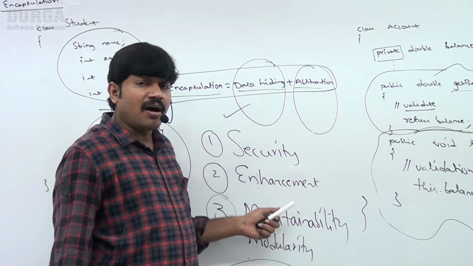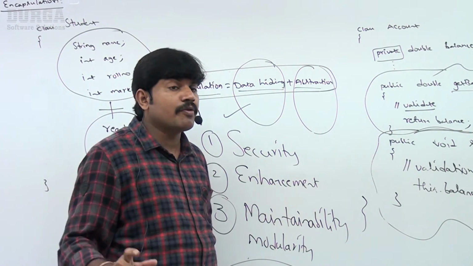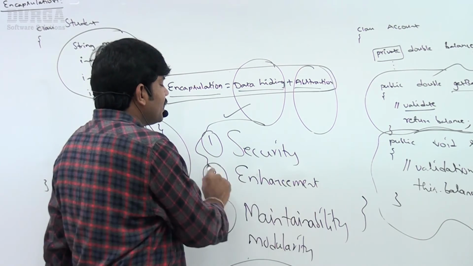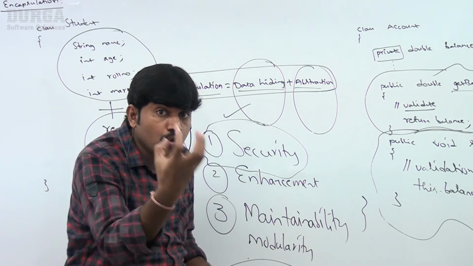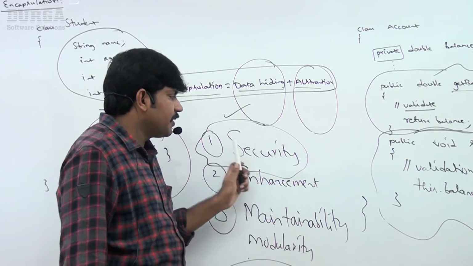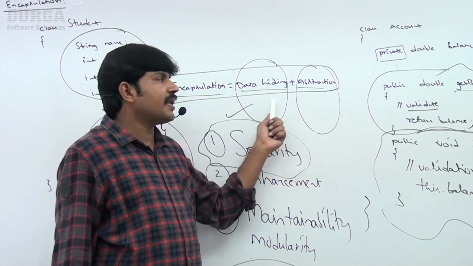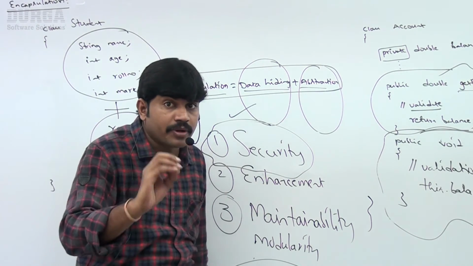But among all these things, the main important advantage whenever we are using data hiding or abstraction or encapsulation, the biggest advantage we are going to get is security. The first group of OOPS concepts is security. Main target is the word security, right? Data hiding or abstraction or encapsulation, security is the important word.